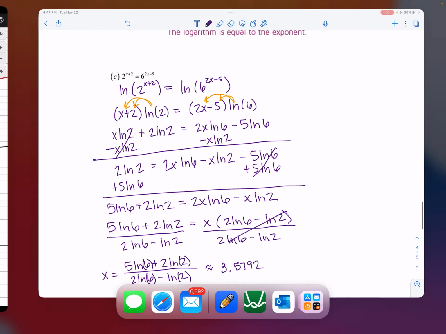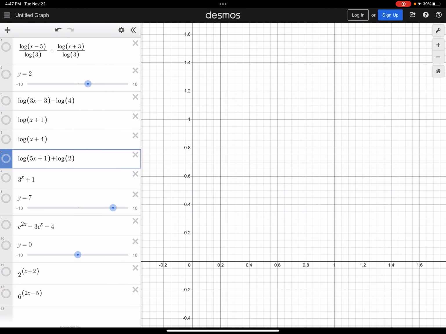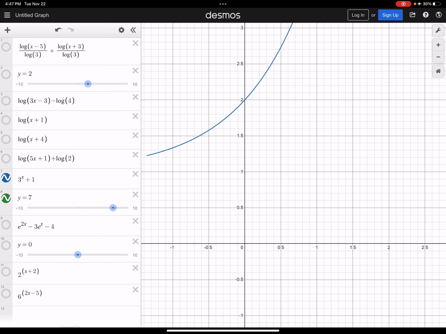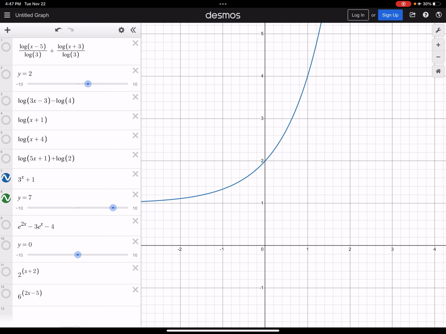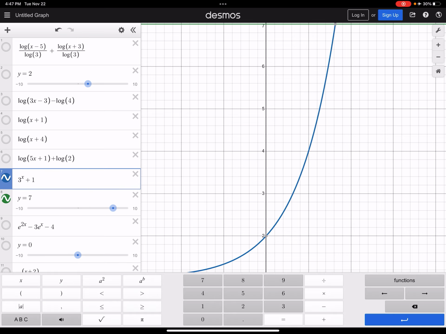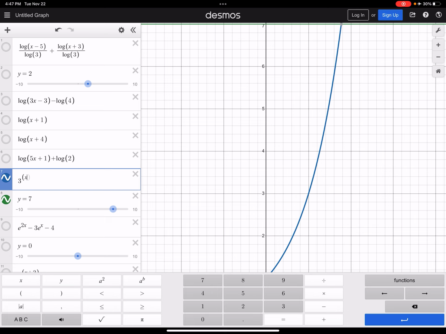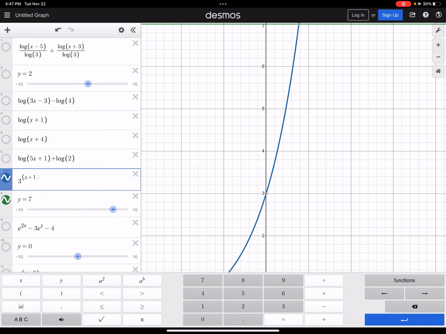Some of the things that I would like to go over before we end are what these exponentials look like on the graph. So here we have 3 to the x plus 1 in the power.